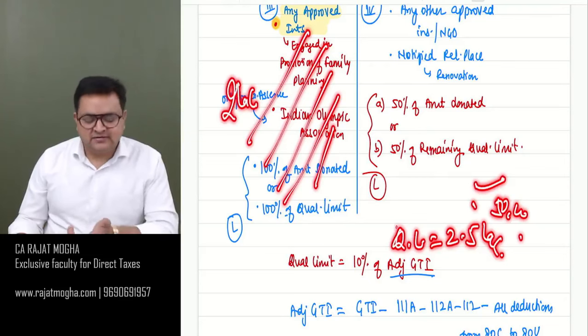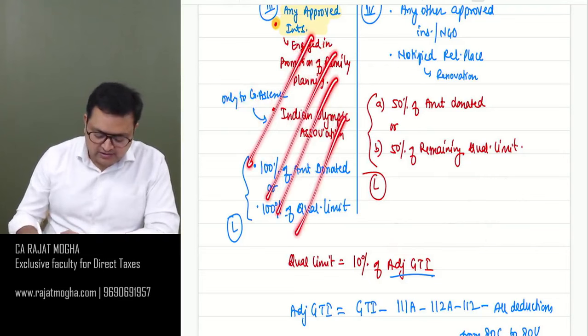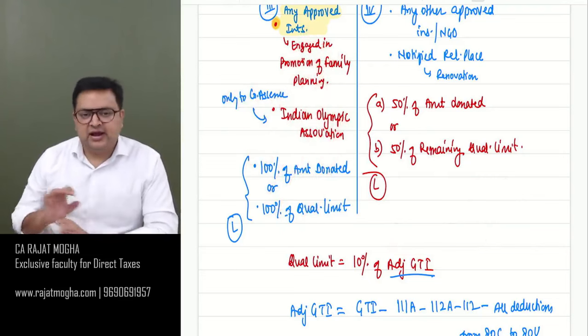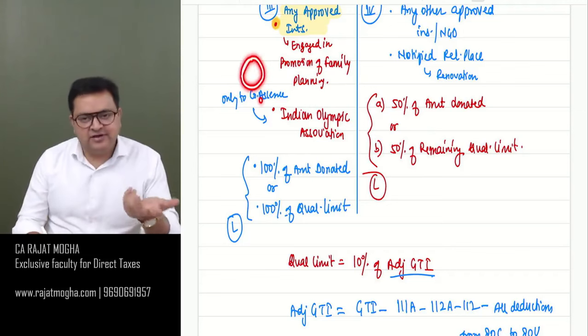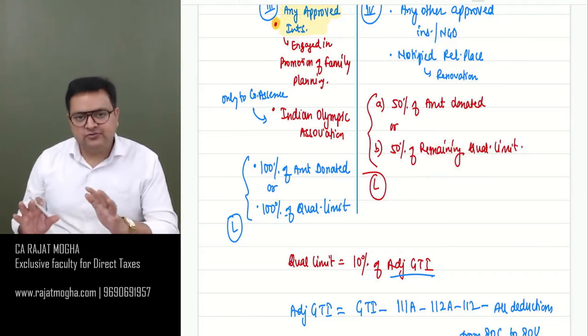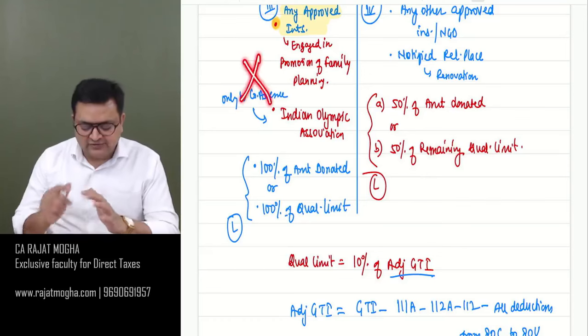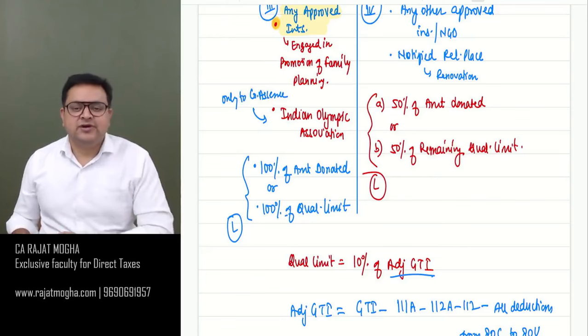But in this question, I have no category 3 deduction. In category 3, we have not made any deduction. So how much have we exhausted? Zero. So the entire qualifying limit is the remaining qualifying limit. Understood? Because in this question there is no donation in the third category.